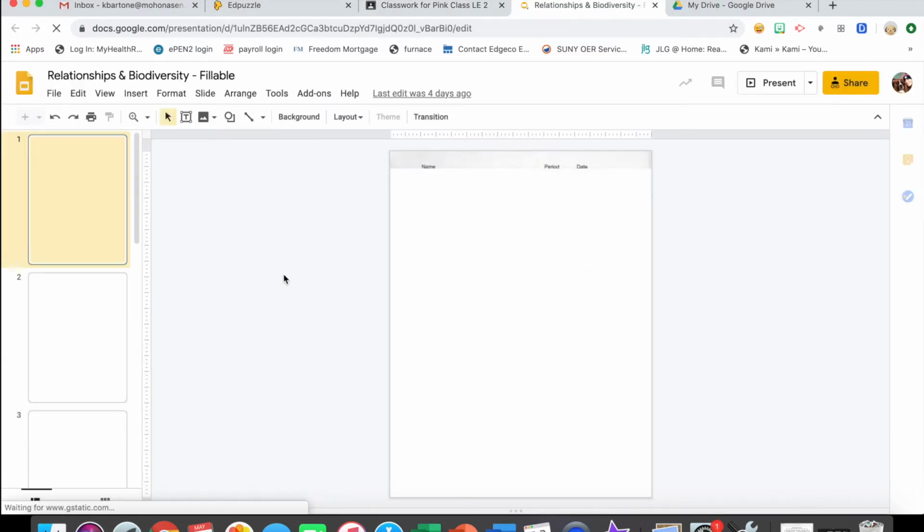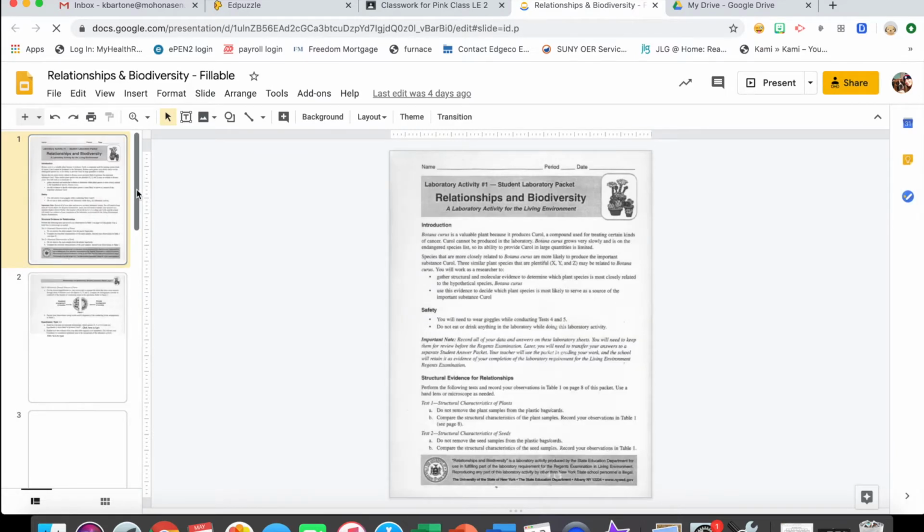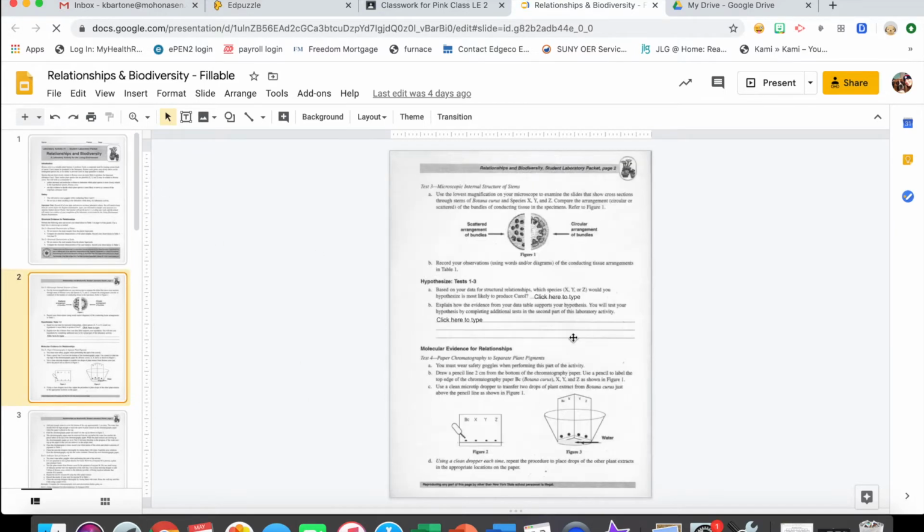At this point, you should have filled in, give that a second to load, page 1 is nothing to fill in. Page 2 should be all filled in now because there's only 2 things you had to fill in. That should have been done in video number 1, I think.